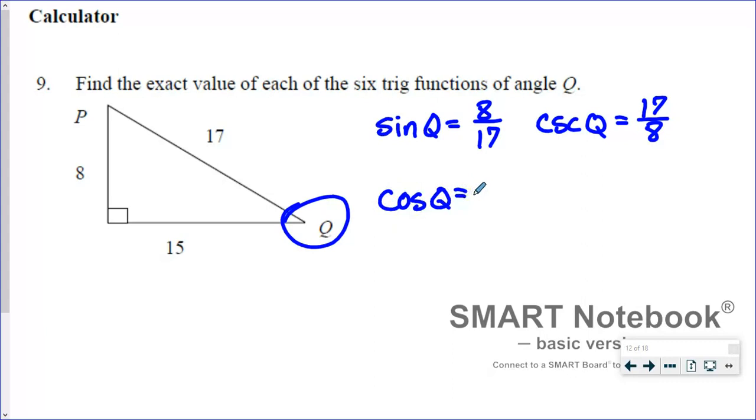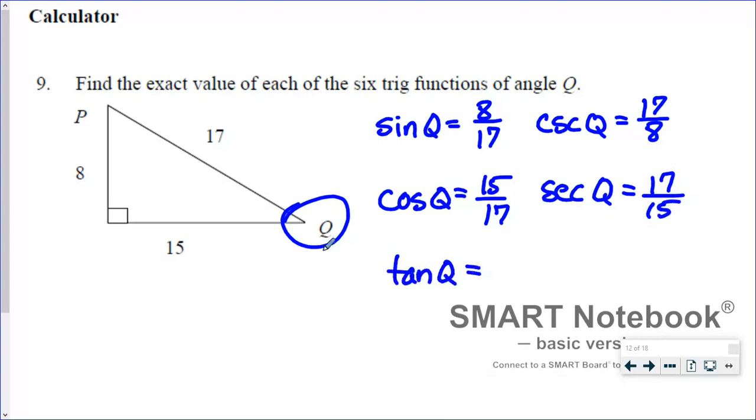Cosine of Q is adjacent over hypotenuse, so 15 over 17, which means secant of Q is going to be 17 over 15. And tangent of Q is opposite over adjacent, so 8 over 15. So cotangent of Q is its reciprocal, 15 over 8.